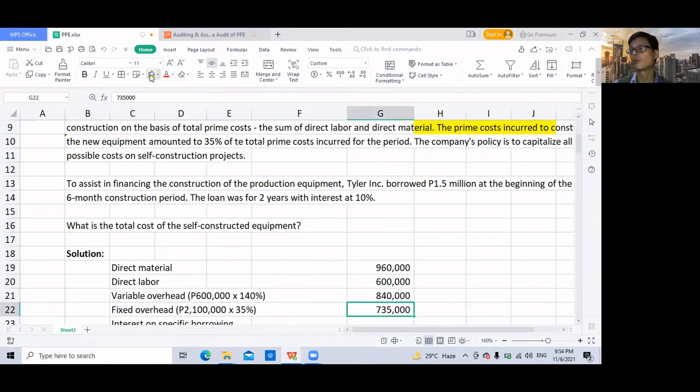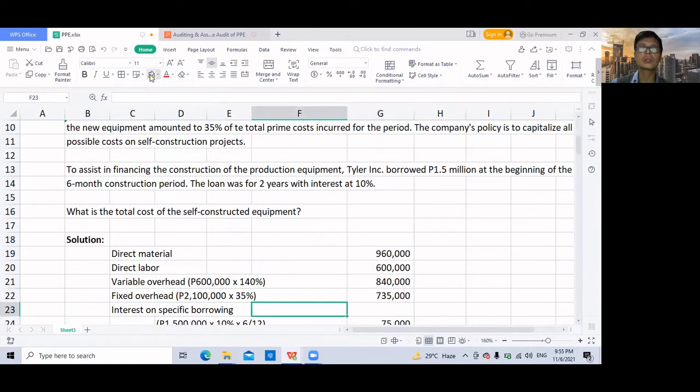As you know, sa overhead, no, there are dalawa yan, no? Merong variable tsaka fixed, no? Okay, so 735,000. So now yung interest on self-specific borrowing, sinabi umutang siya ng 1.5 million at 10%, no? Okay, interest.